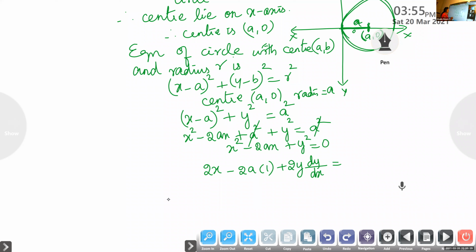We can divide throughout by 2. Yes, try to complete this. Find out the equation.